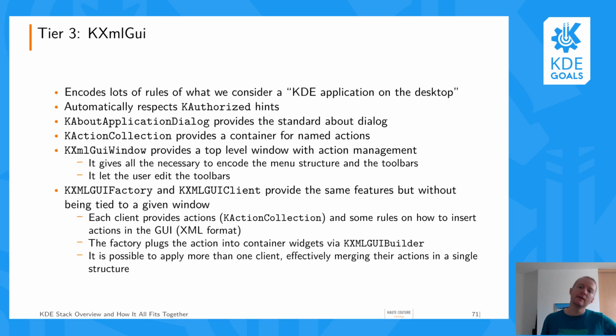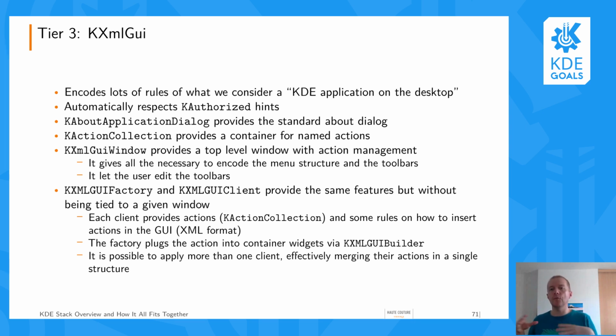For instance, I was talking about the about data earlier, where you get the about application dialog coming from there, the action collection to declare all the actions in your application, and the XmlGui window, factories, and GUI client, which allow you to put it all together, either in a main window or inside of a shell, which would be within something bigger.